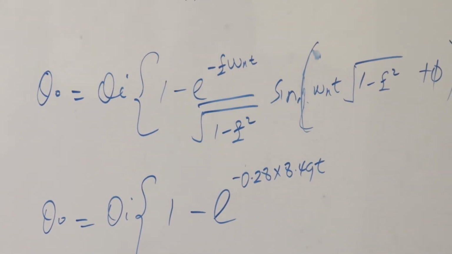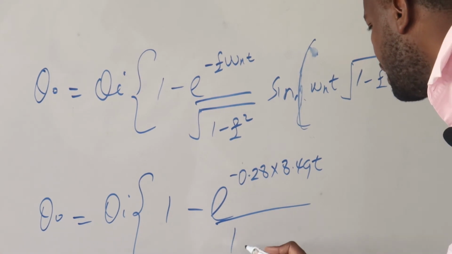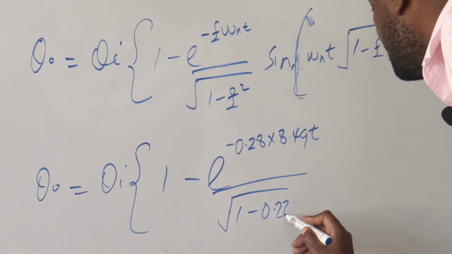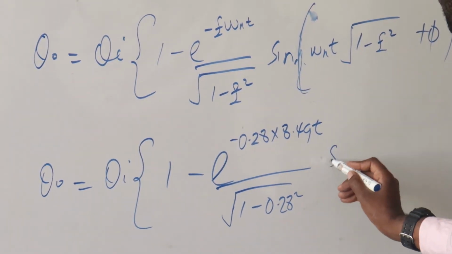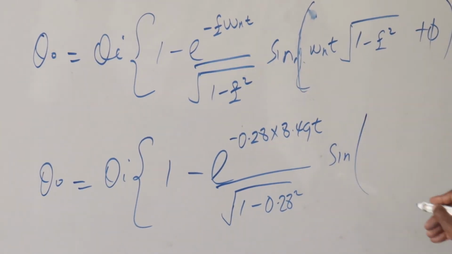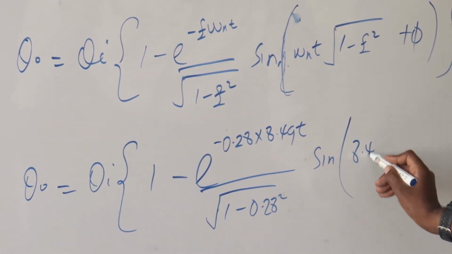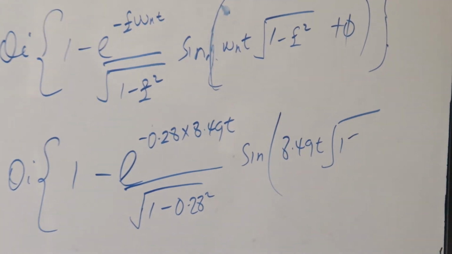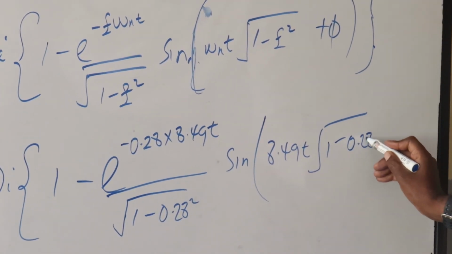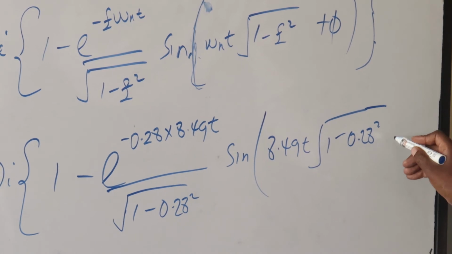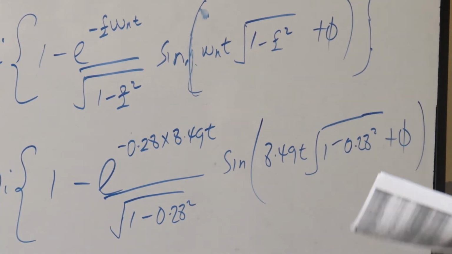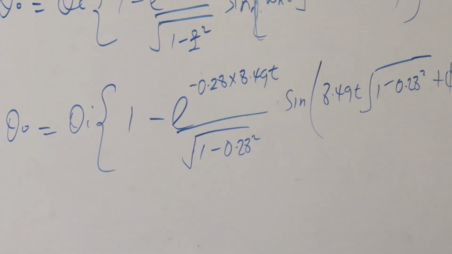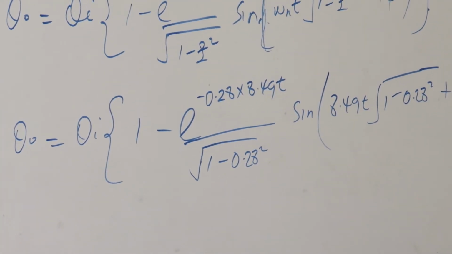Then the whole of this should be over root of 1 minus 0.28 squared, sine of omega n 8.49 t root of 1 minus 0.28 squared, then plus phi. We are also able to obtain the value of phi very fast. So that is now the expression.